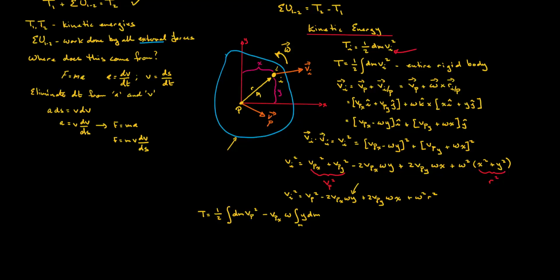This comes from this term over here, where I've just taken out the constant terms that do not change under the integral, plus Vpy omega multiplied by the integral of x dm. And again, this is evaluated over the entire mass of the rigid body, plus 1/2 multiplied by the integral of r squared dm.